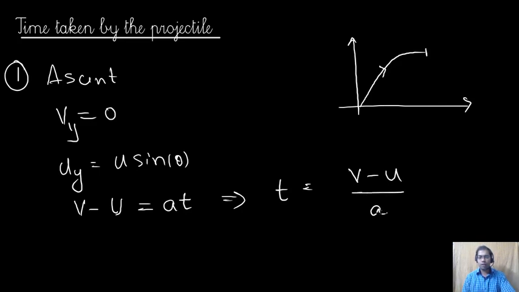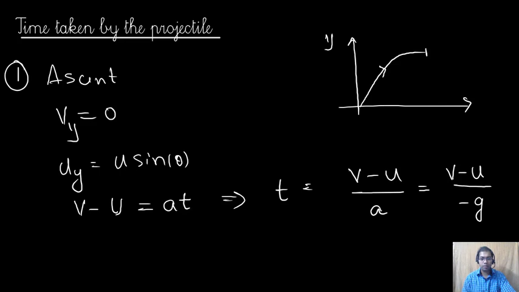Now we'll have to be a little careful here as to what we are going to substitute. Now Vy and Uy we know. Since the object is moving up along the y-axis, that is away from the Earth's surface, the acceleration that we are going to talk about will be acceleration due to gravity. So it is going to be V minus U by minus g, minus because it is moving away from the Earth's surface.